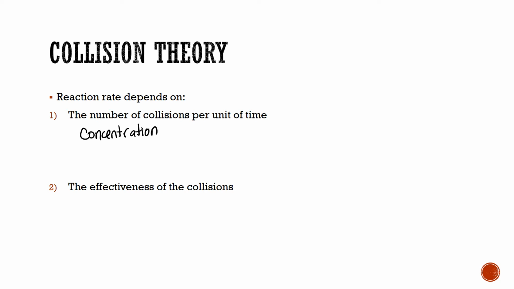Concentration is also dependent on pressure and volume. So if you think back to that quick check question, when we halved the volume, that was increasing the concentration. It's also increasing the pressure as well. So number of collisions per unit time is affected by that concentration. It's also affected by surface area.